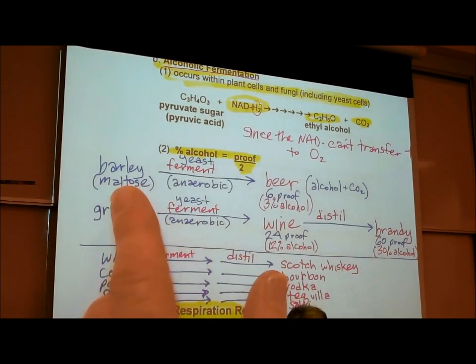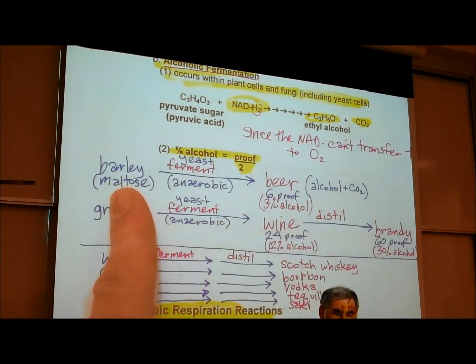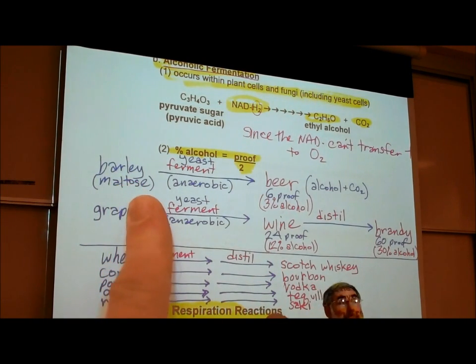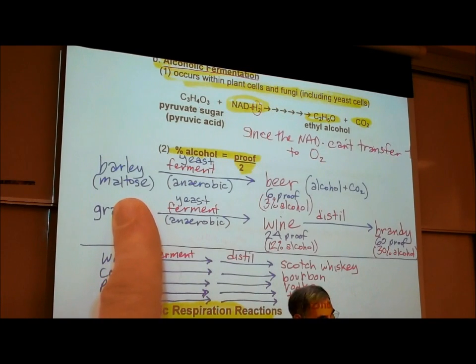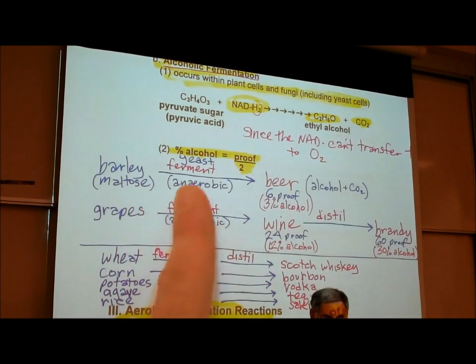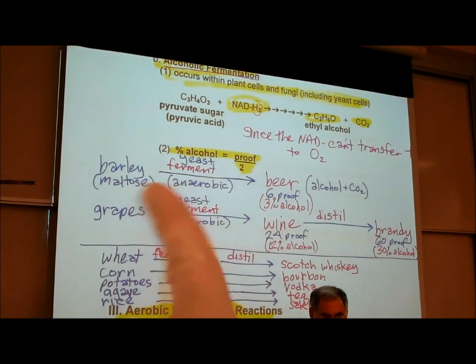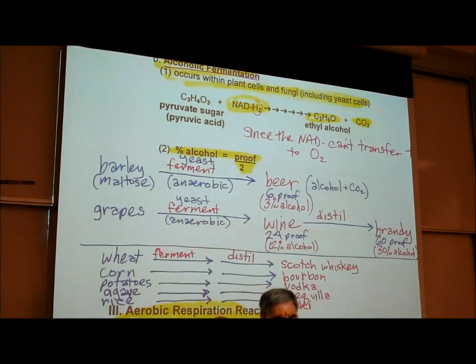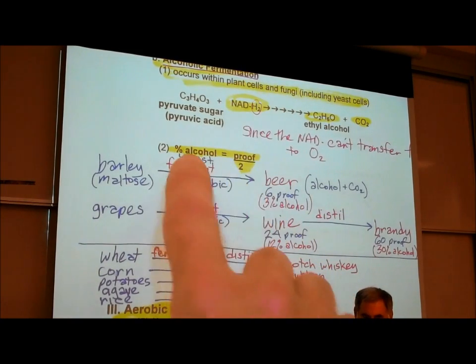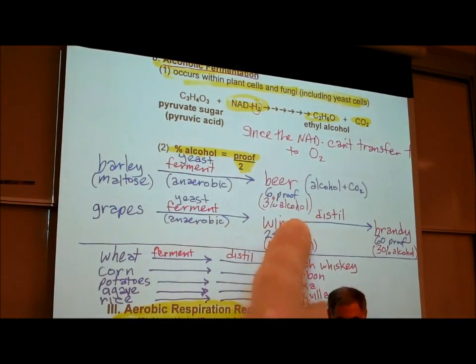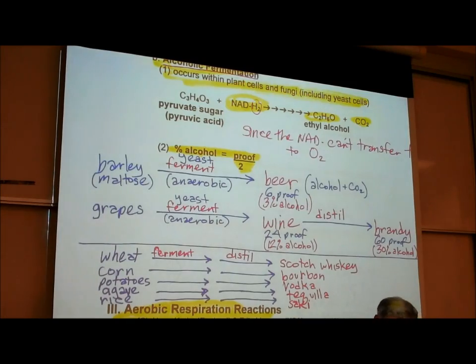In fact, the carbohydrate that's used for beer is barley, which has maltose, a grain sugar we learned on page D1. So you throw the yeast in, and in an anaerobic environment, they convert that maltose into alcohol and CO2, and this is called beer. And we said that beer is about 6 proof. We can convert proof into percent alcohol by dividing it by 2, so it's about 3% alcohol.